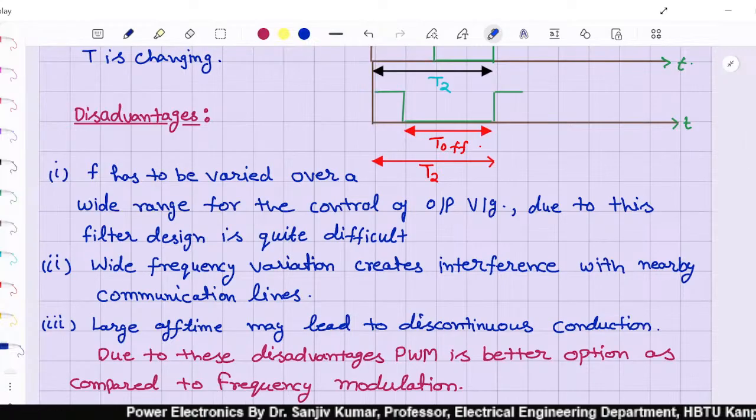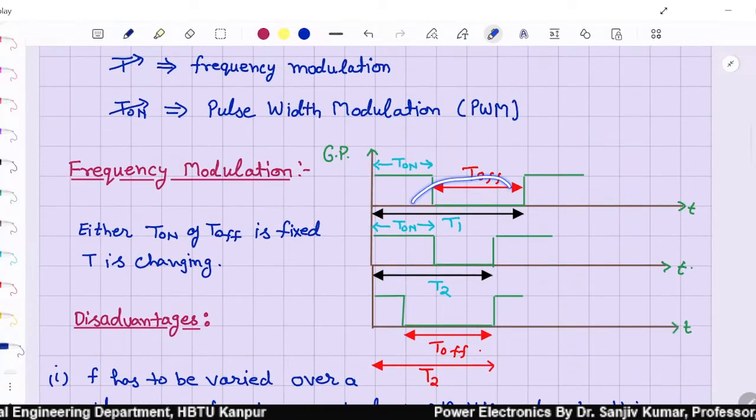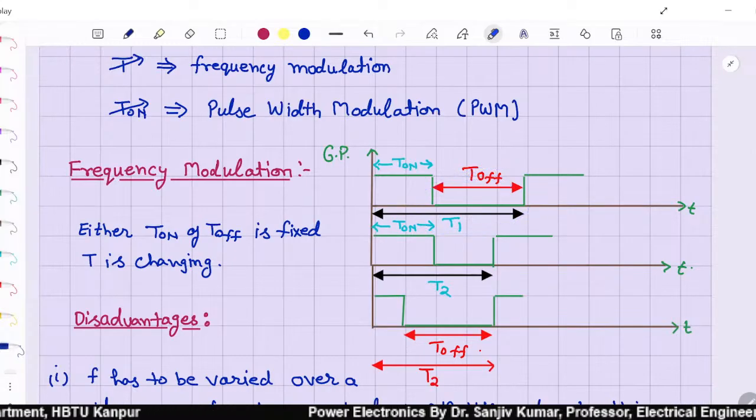And the next problem: for a large time, it may be possible that the current becomes discontinuous. So if you are controlling a DC motor, then the motion would be jerky, right?